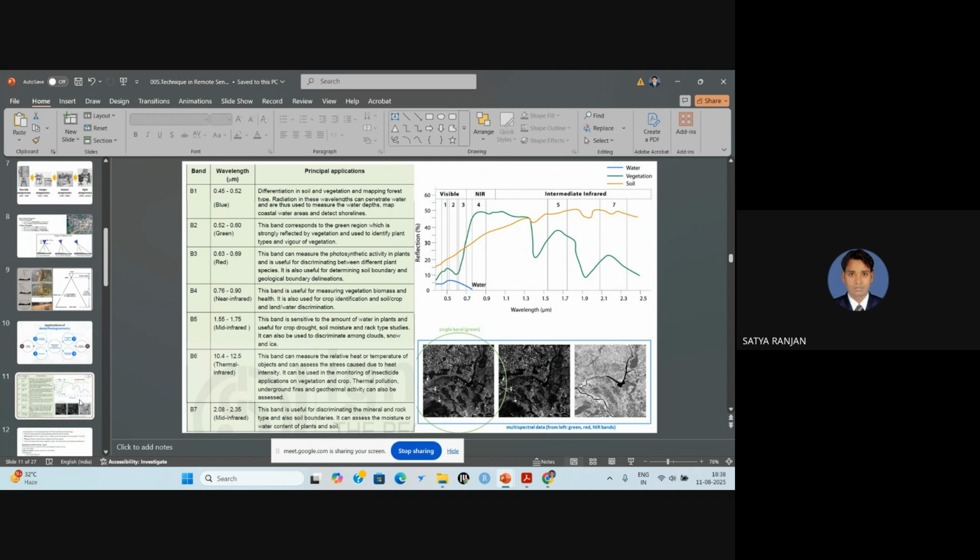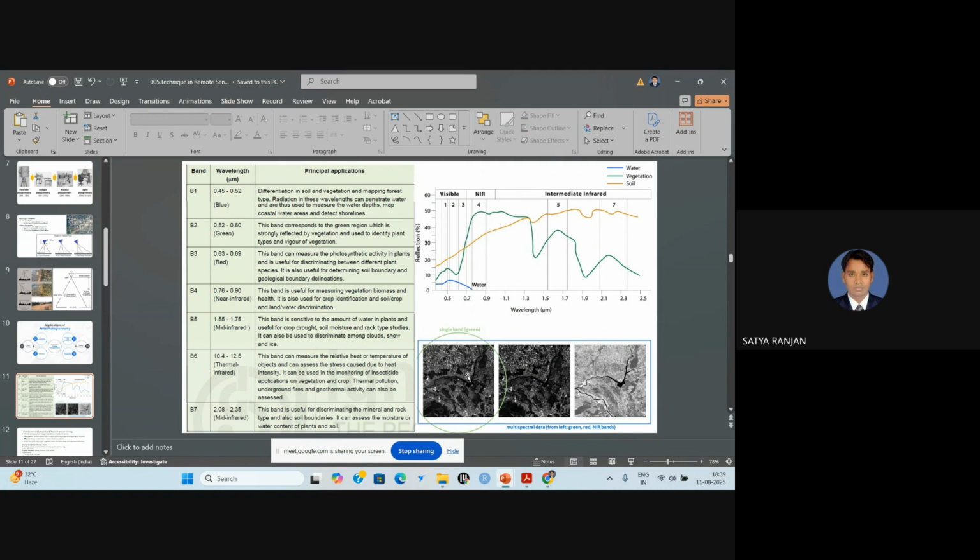Then different bands are there. In a multispectral sensor, there are blue, green, red, infrared, near infrared, like B1, B2, B3, B4, B5. Every band has a different wavelength, and features behave differently with different wavelength bands. This graph shows the shifting of the curve for water, vegetation, and soil in different wavelengths and bands.